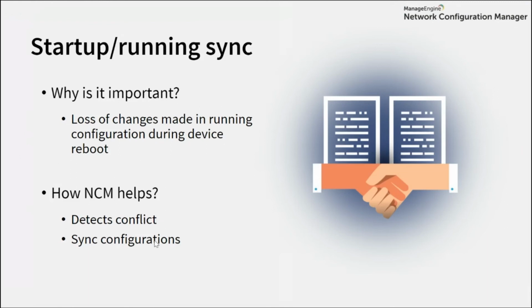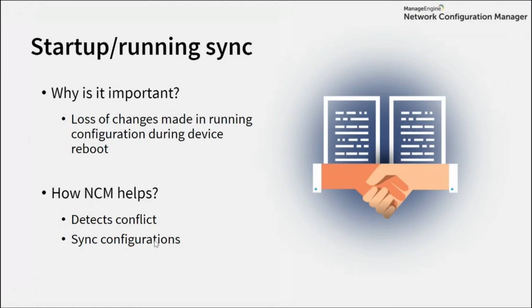So a power failure or a device reboot will lead to the erasure of all the recent changes that you've made. This could be a performance optimization kind of change or a security related change. If a device reboot or something else erases all of those changes, they will never have been copied onto the startup configuration, and all of the changes will be lost. This might lead to a performance degradation or a security breach.